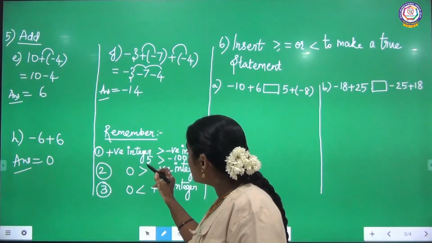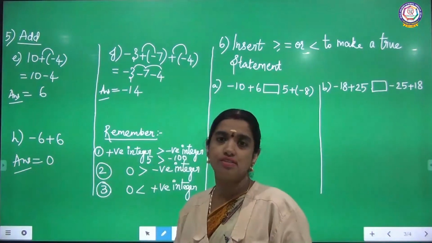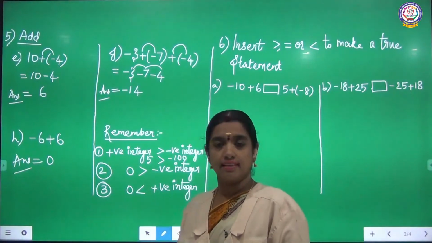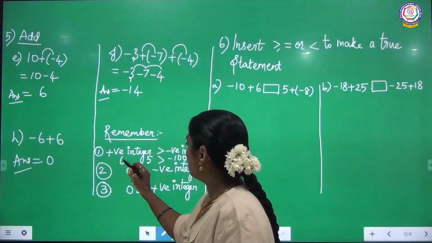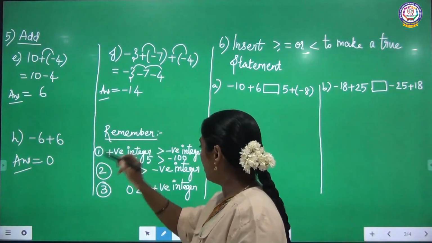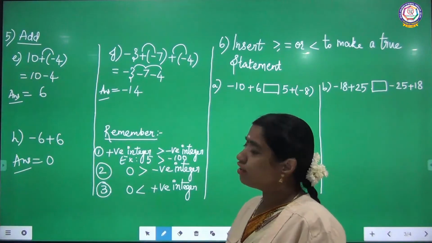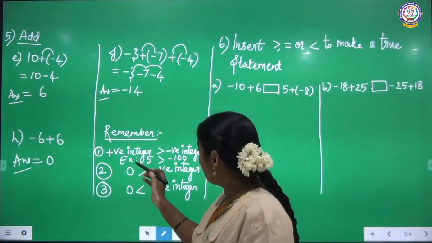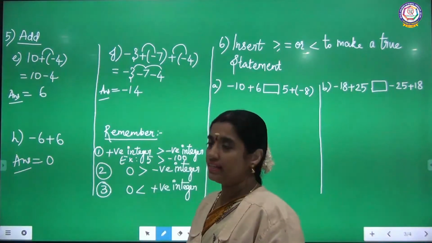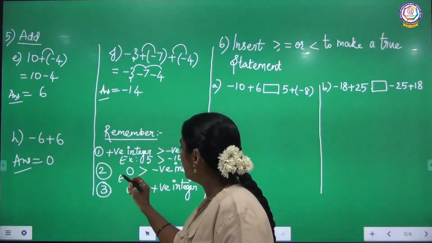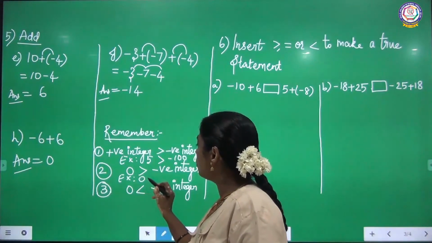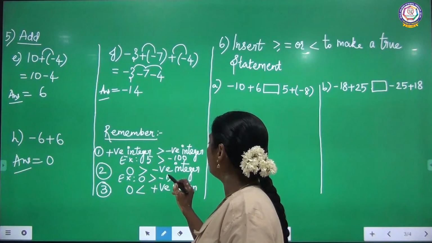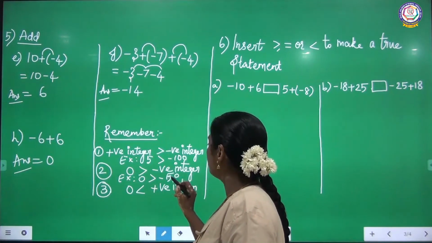Because it is positive and that is negative, obviously the positive integer is greater. This is an example. And see this second concept: 0 is greater than a negative integer. For example, listen, 0 is greater than minus 50.